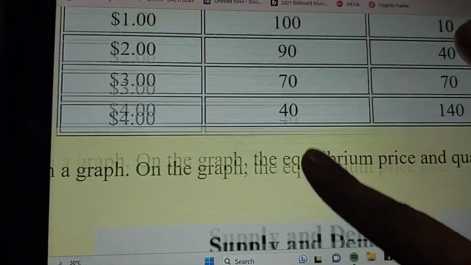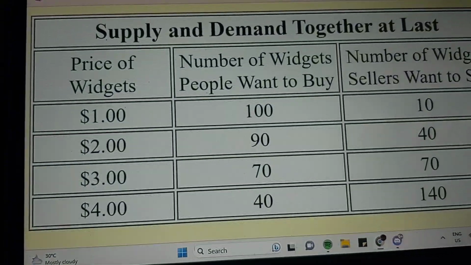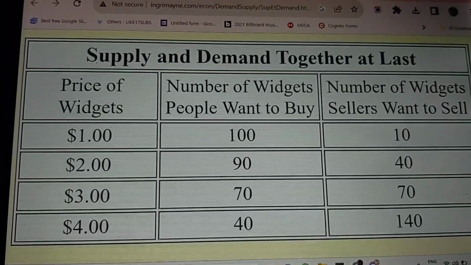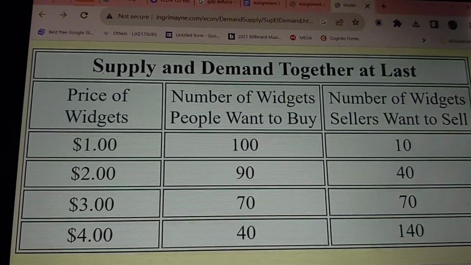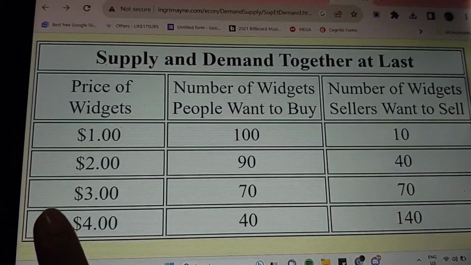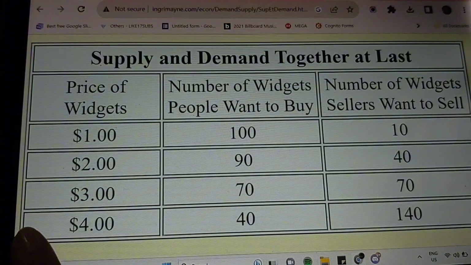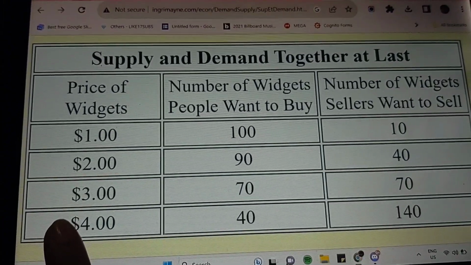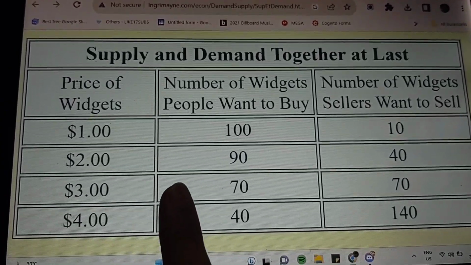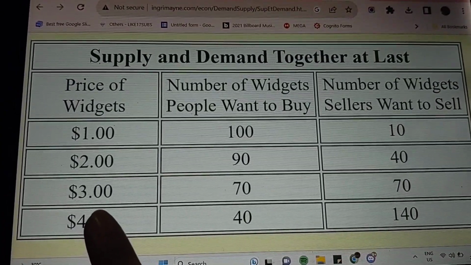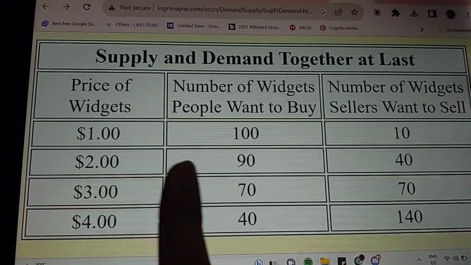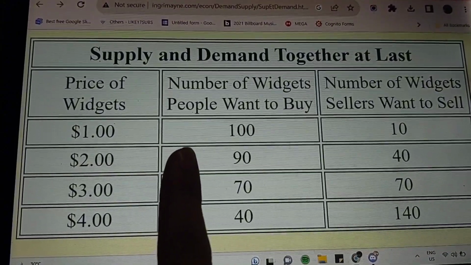So this supply and demand schedule depicts whether we have shortage, surplus, or equilibrium. If the price was $4, then the quantity demanded is lower than the equilibrium. But if we have $2, the quantity demanded is higher than the equilibrium.